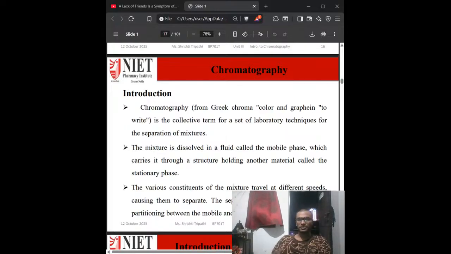Of course, the mixture is dissolved in a fluid called the mobile phase, which carries it through a structure holding another material, called the stationary phase.